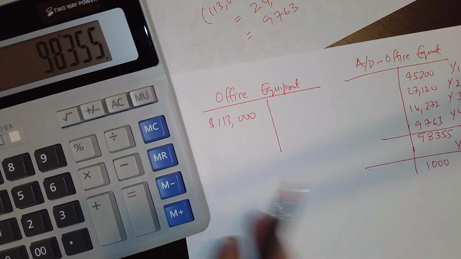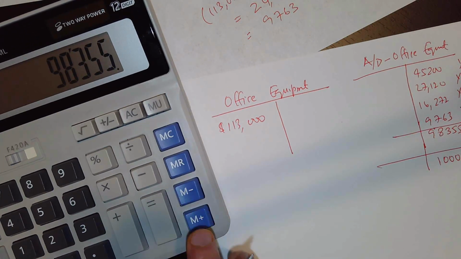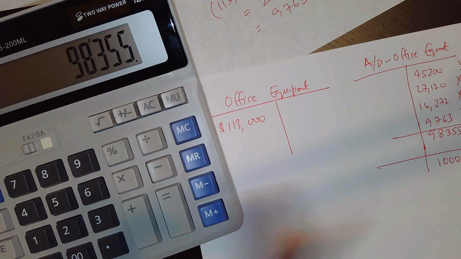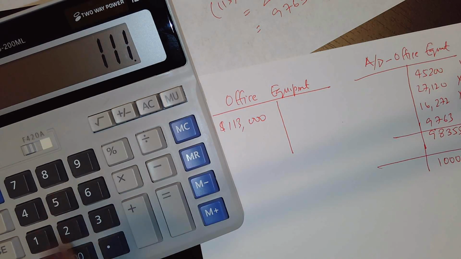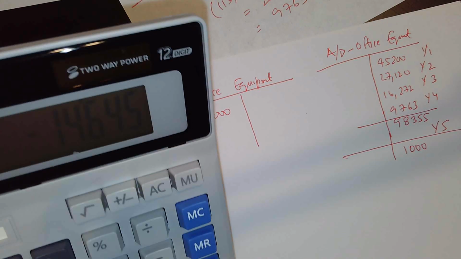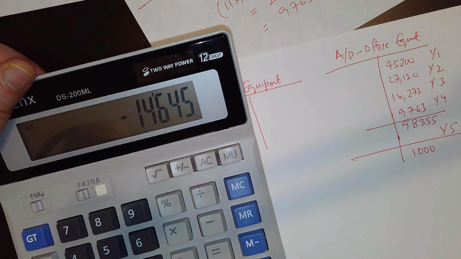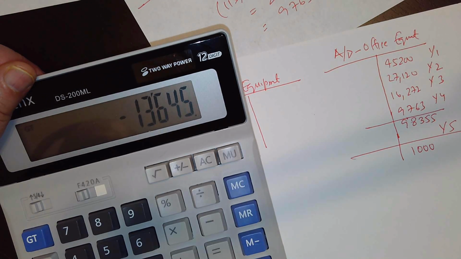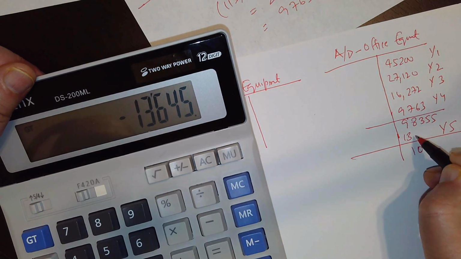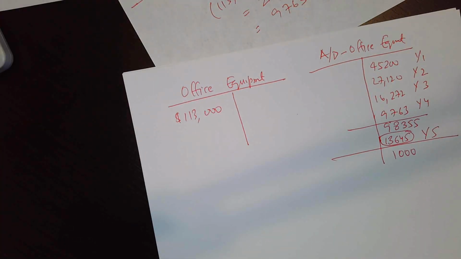All you have to do is subtract from 113,000. So you take this number and you subtract it from 113,000. That will give you 14,645. But you have to leave $1,000, so you add back $1,000. So your 13,645 is your year 5 depreciation. So that's how you calculate the double declining balance.